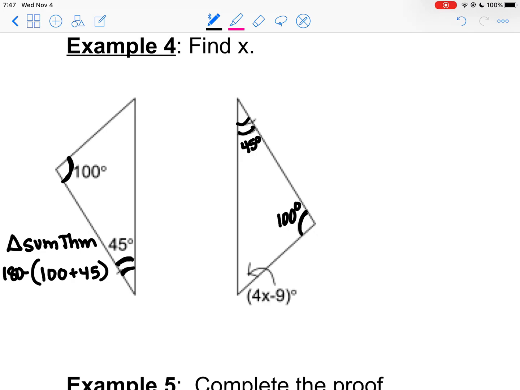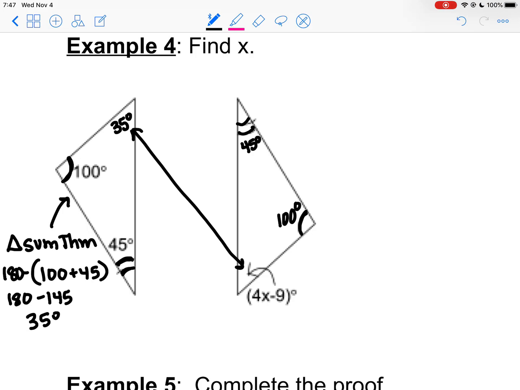So that's going to be 180 minus 145, and that tells me that the last angle in this triangle that we're looking at first is going to be 35 degrees. So since we had two sets of congruent angles, the third angle will have to be congruent as well. So these two will have to be the same.